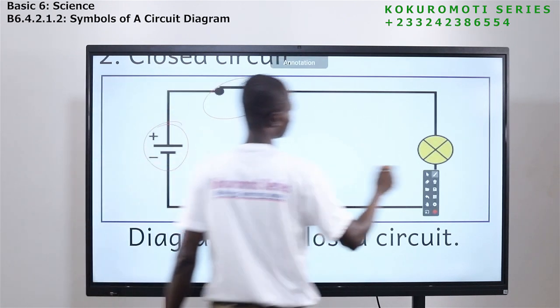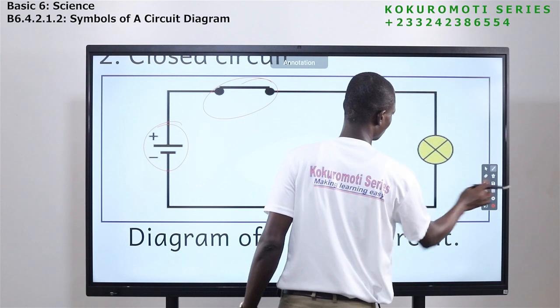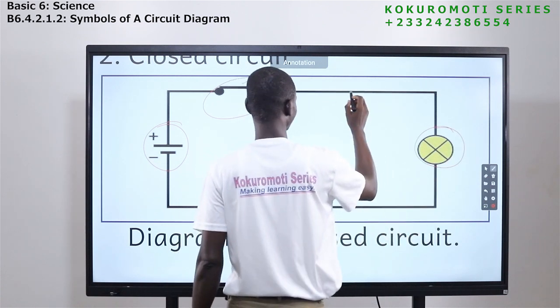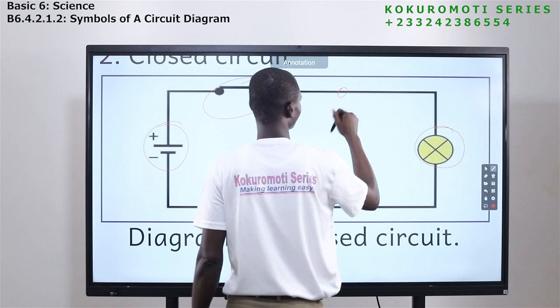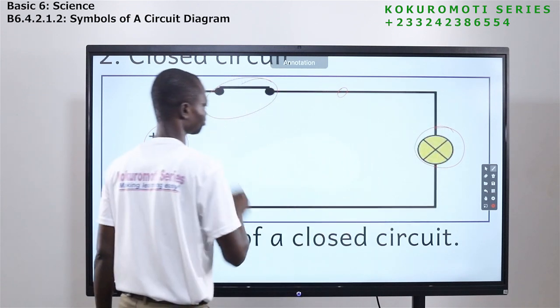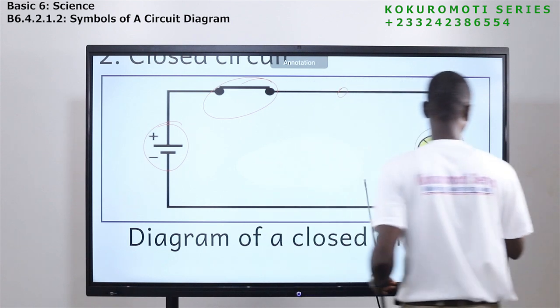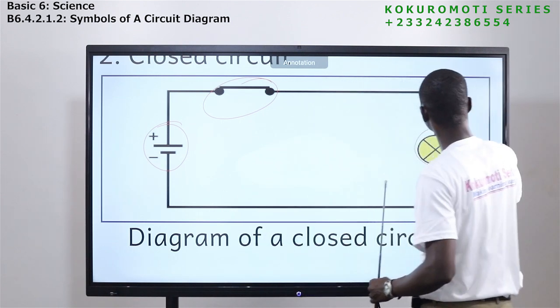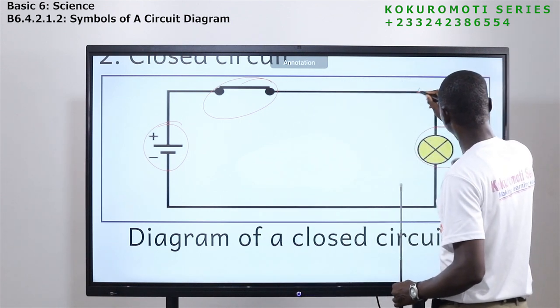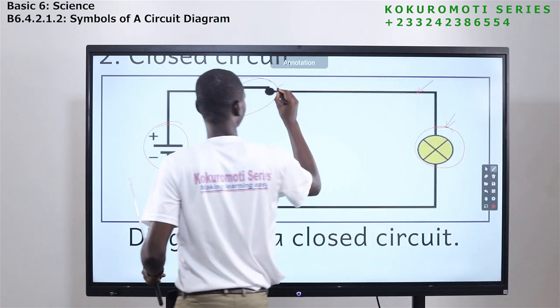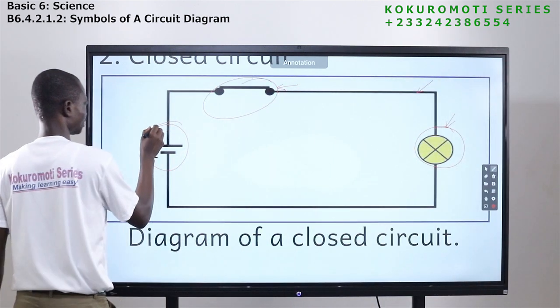What is the name of this symbol? What is the name of this symbol? And then this side. What's the name? This side.